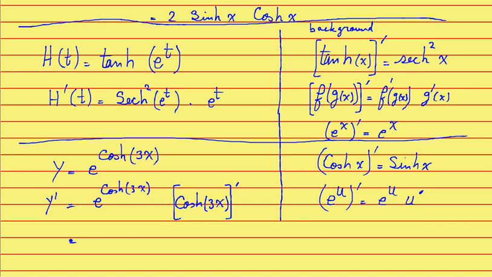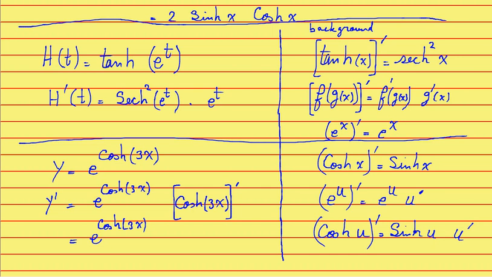Now I rewrite again cosine hyperbolic of 3x. Now what's the derivative of cosine hyperbolic of 3x? That's really again an application of this with the chain rule. It might be easier for you if you make a formula like this, cosine hyperbolic of u. If you want to differentiate that, the derivative of cosine is sine hyperbolic of u, and then by chain rule the derivative of the interior function has to be multiplied with the whole thing.